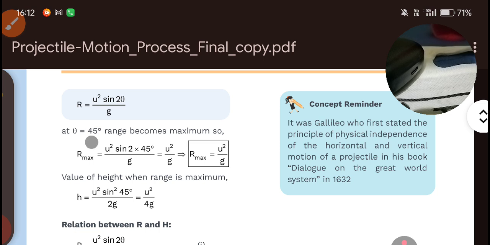Remember, when it comes to range, what is the place where horizontal range will be maximum? That theta will be 45 degree. Over here, our range will be maximum. So just substitute the value of theta as 45. Sin 45 is going to be 1 upon root 2. The value of height when range is maximum will be h is equal to u square upon 4g.